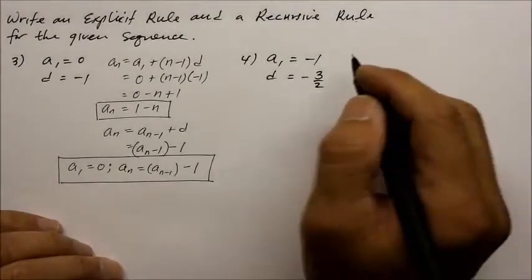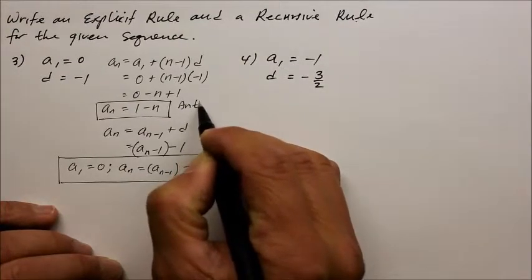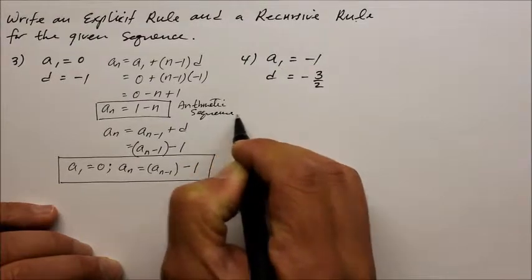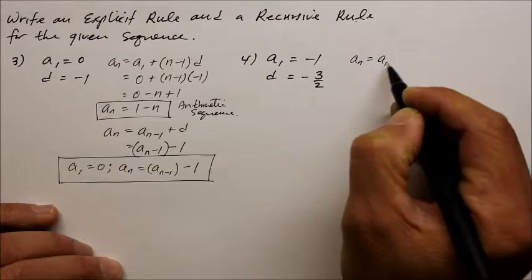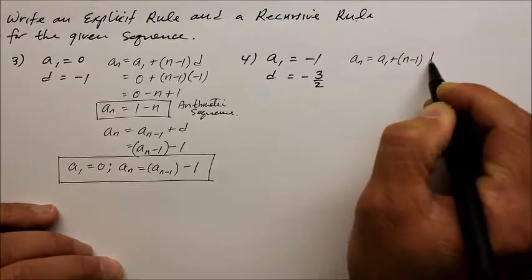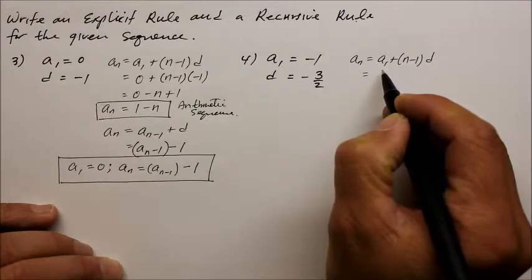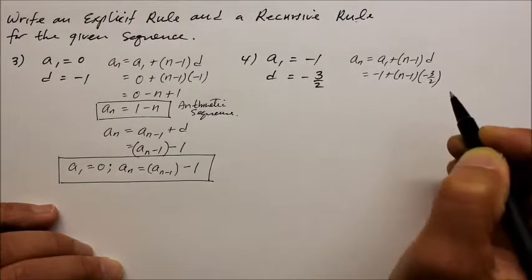All right, once again, the explicit rule, or the arithmetic sequence general rule, was given as a sub n is equal to the initial a sub 1 plus n minus 1 times the common difference d. And this one's easy, just fill in all the blanks. Basically negative 1, the initial term, plus n minus 1 times negative 3 over 2.